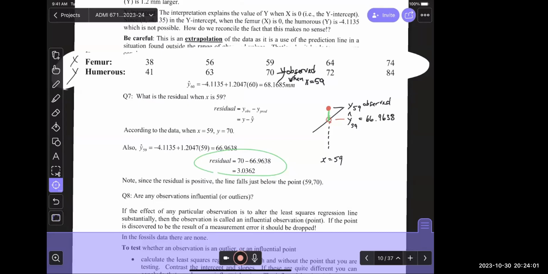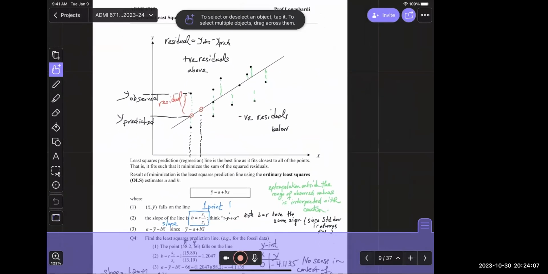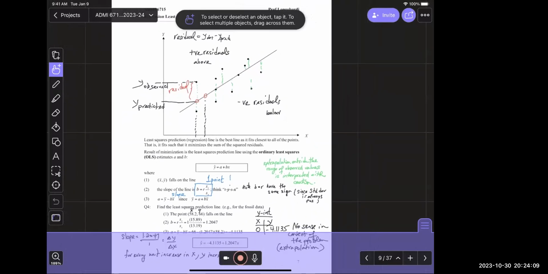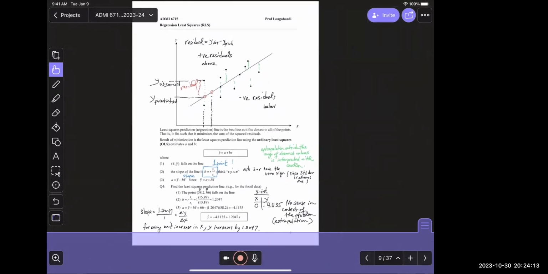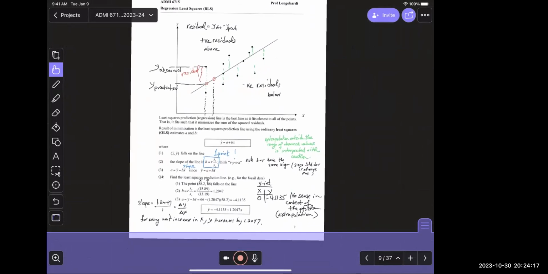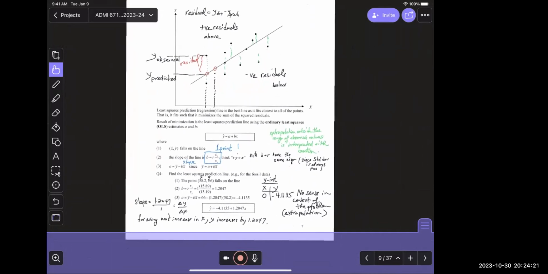You want the last screen? Yes, please. This one? Yes, this one. But I will send them all to you. I will put them all on the website. But anyway, you can take a screenshot. Okay, it's okay. Thank you.